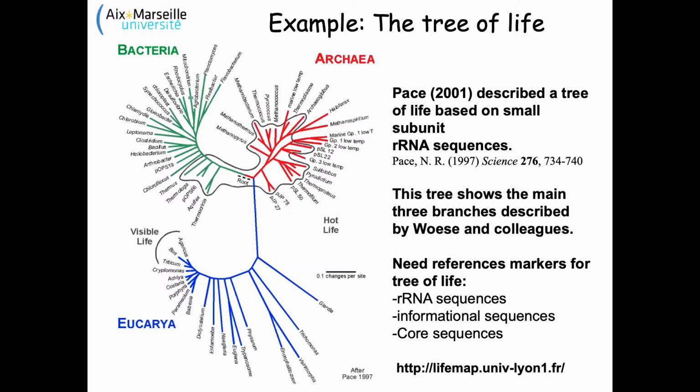Okay, to also build the tree of life, if you use proteins as a marker, it can be what is called an informational sequence. Informational sequences are proteins used by the cell in biological processes involved in information, like recombination, polymerase, replication, and so on.